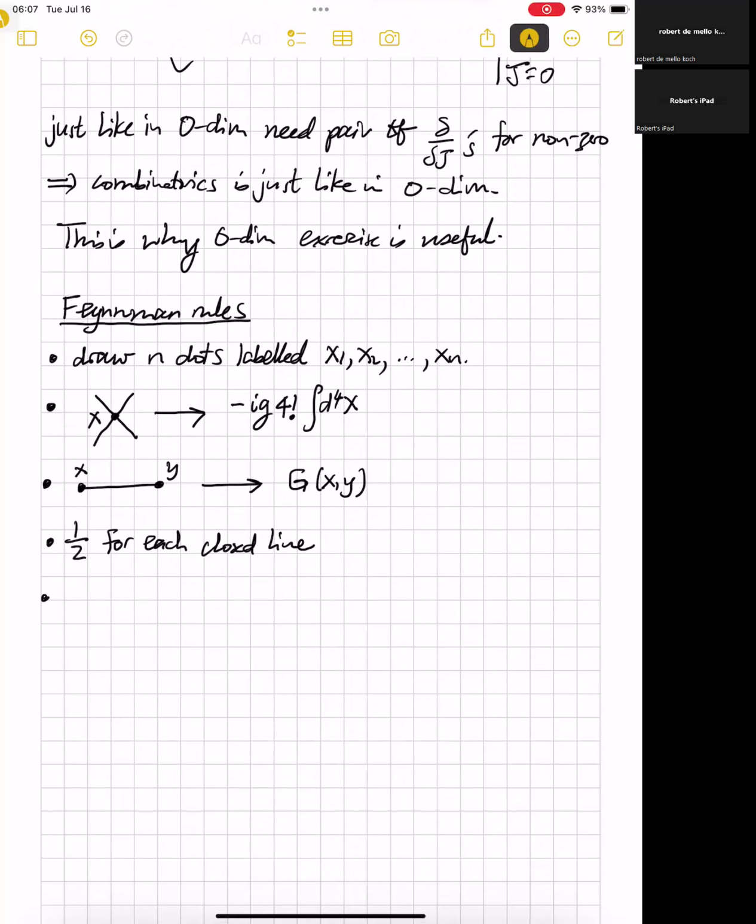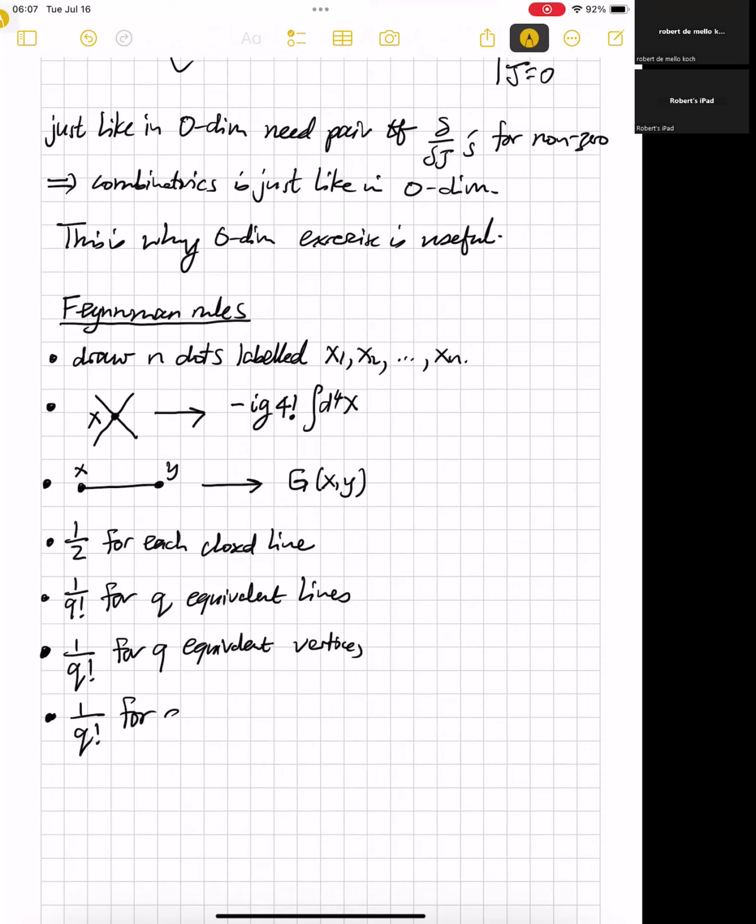We have a factor of 1 over q factorial for q equivalent lines. We have a factor of 1 over q factorial for q equivalent vertices. And we have a factor of 1 over q factorial for q equivalent diagrams.